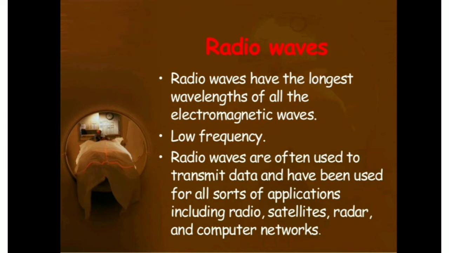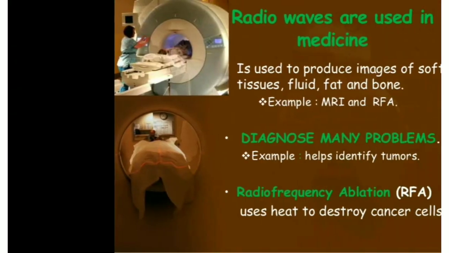They are mainly used for communication purposes. Radio waves are also subdivided into a number of types: very low frequency, low frequency, medium frequency, high frequency, very high frequency and ultra high frequency radio waves.